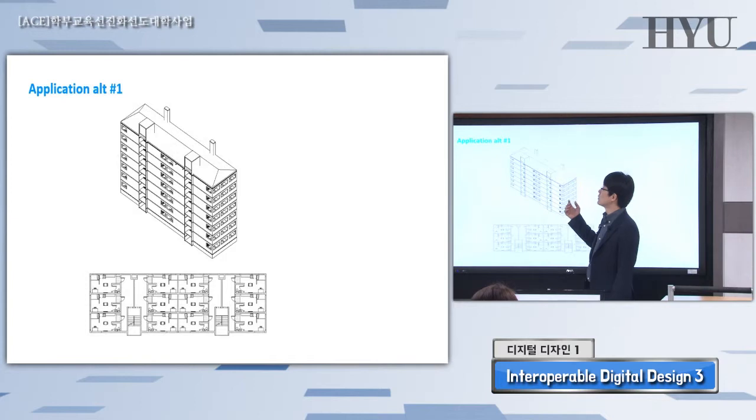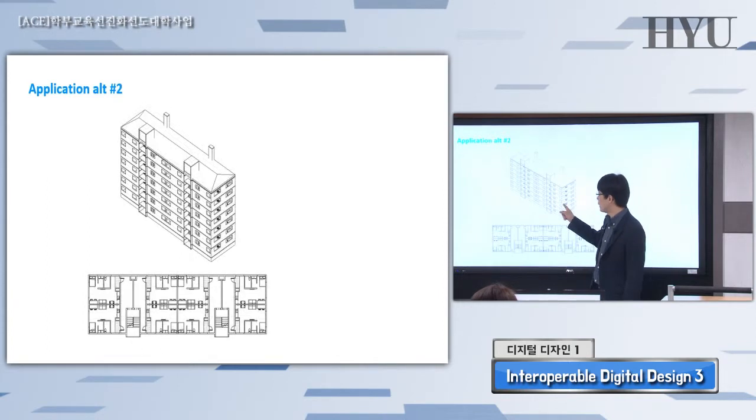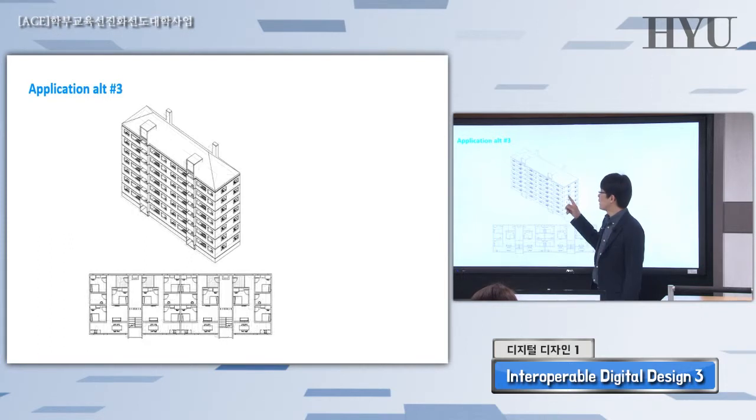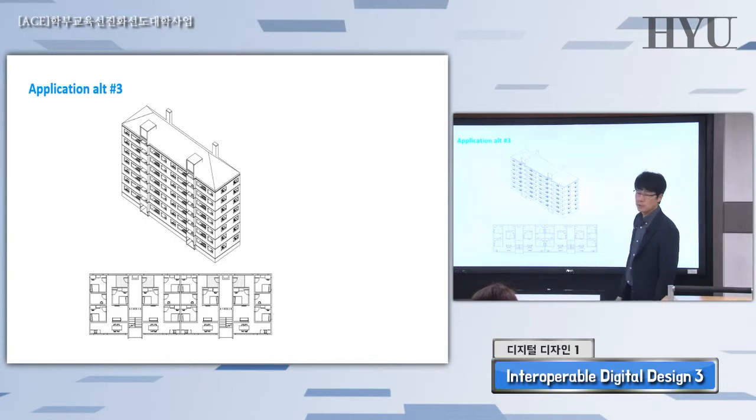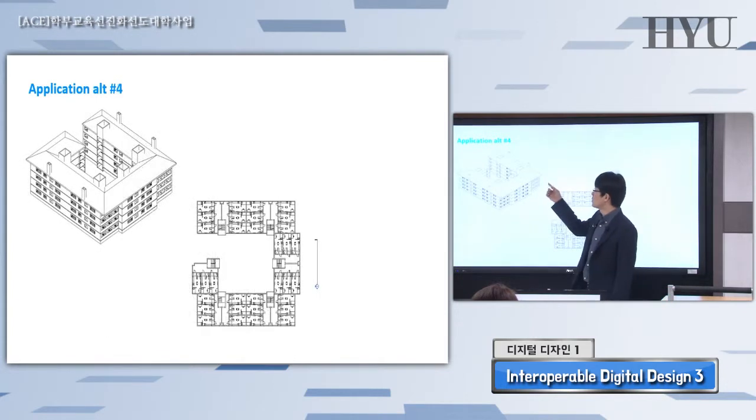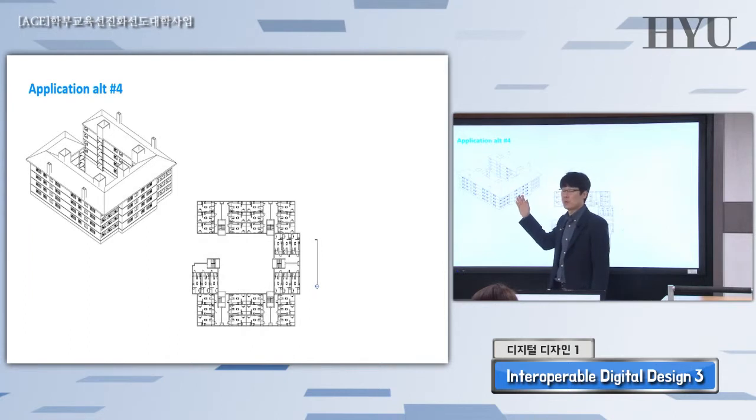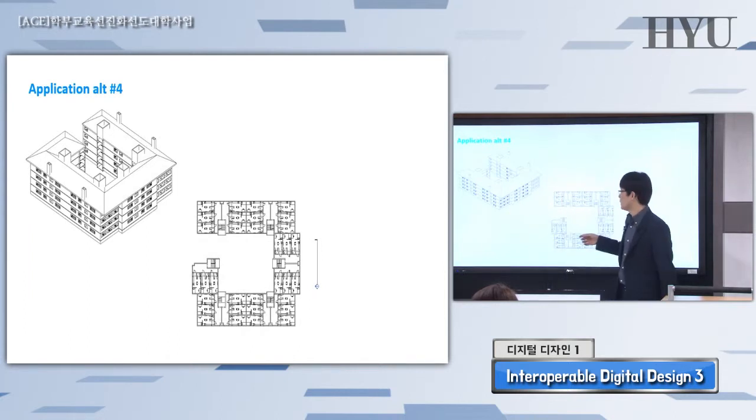So this is design alternative number 1, okay? Building type A and housing unit type 1. Building type A, housing unit type 2. Building type A, housing unit type 3. So 3 different alternatives. And number 4, of course, building type B and housing unit 1 and 2 and more, okay?